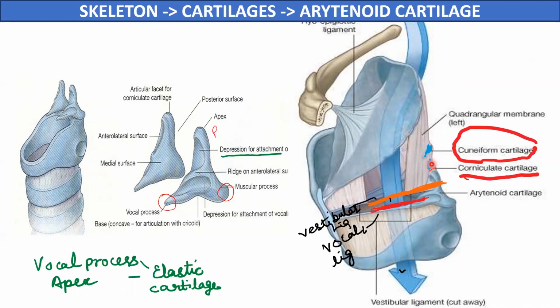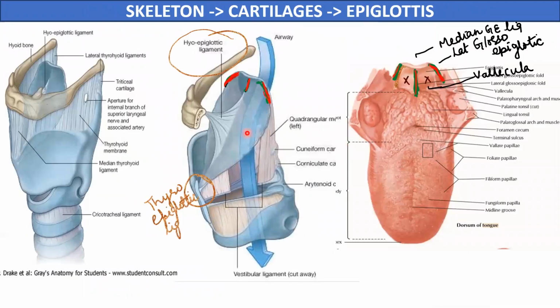The next cartilage which we are studying is the epiglottis. So in this diagram, we can see this epiglottis, which is a leaf-shaped cartilage, and this epiglottic cartilage is attached at its lower end to the posterior surface of the thyroid cartilage by a thyroepiglottic ligament.